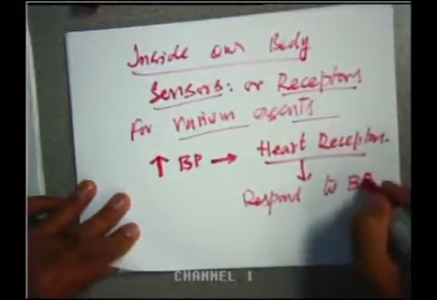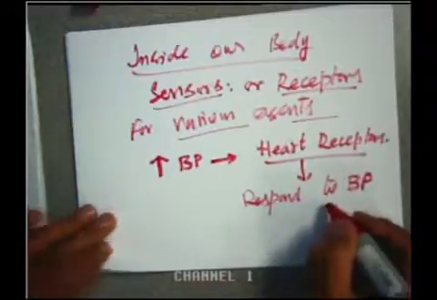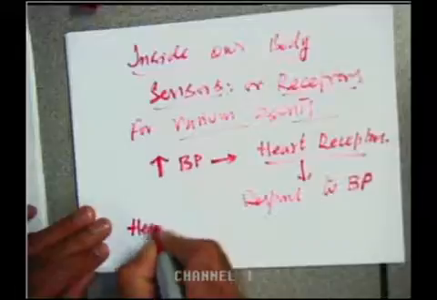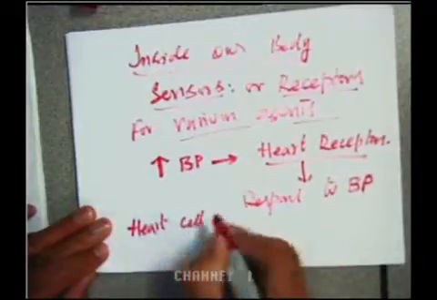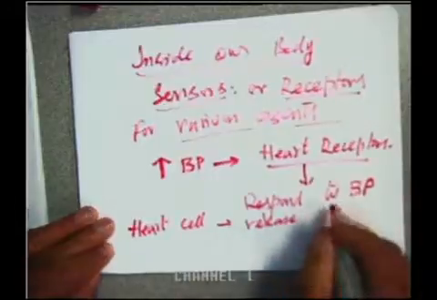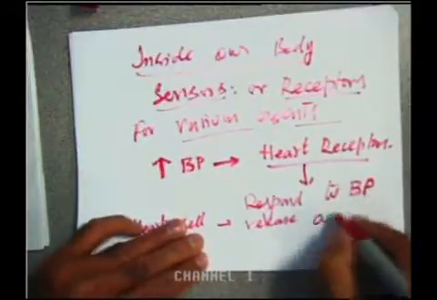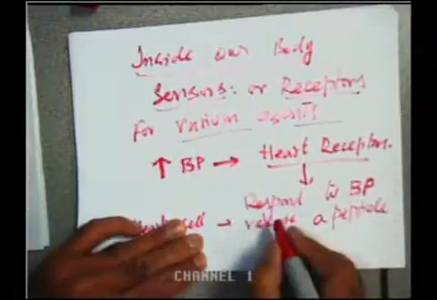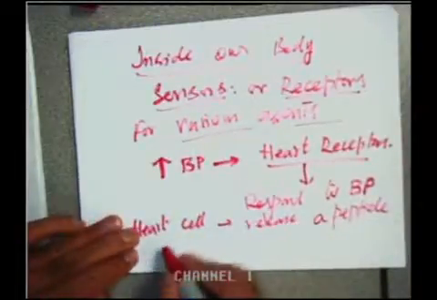So if the heart muscle is okay, then it can maintain the blood pressure. Now the heart cell will release a peptide.